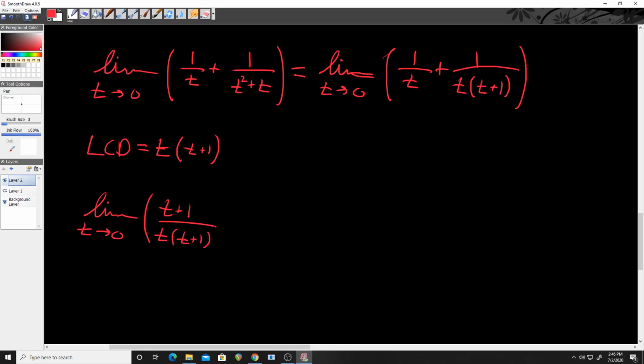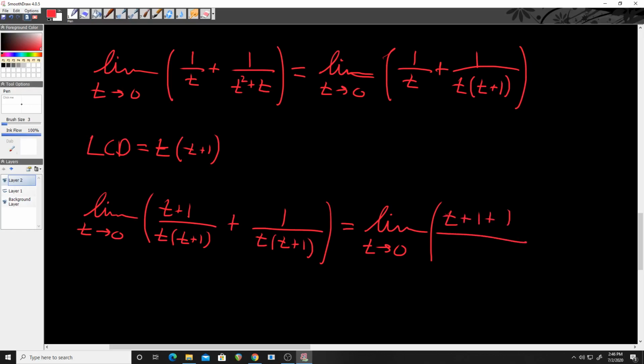We can only multiply by 1. Plus 1 over t times t plus 1. There we go. Denominators are the same. So I can do some algebra now. I can combine the numerators. So I get t plus 1 and then plus 1 over the same denominator. One step at a time.